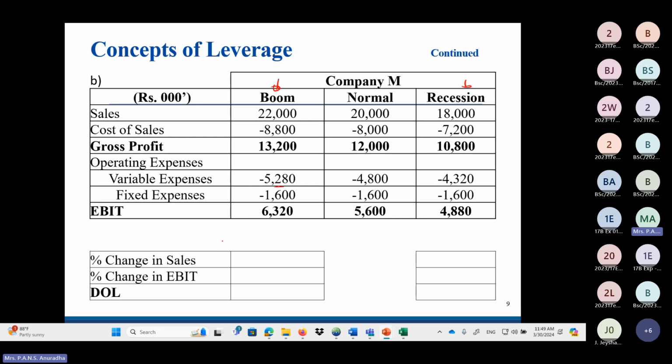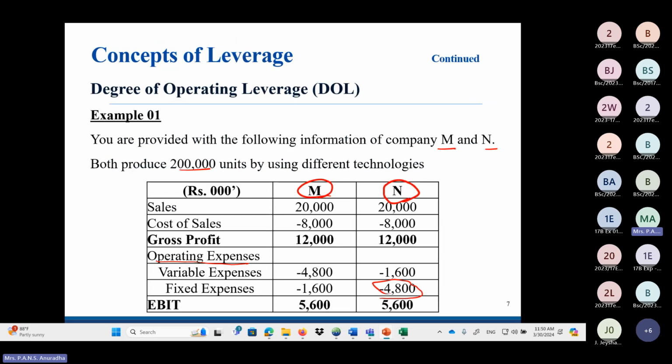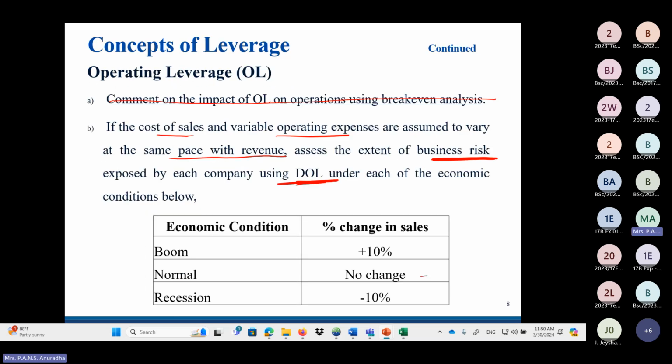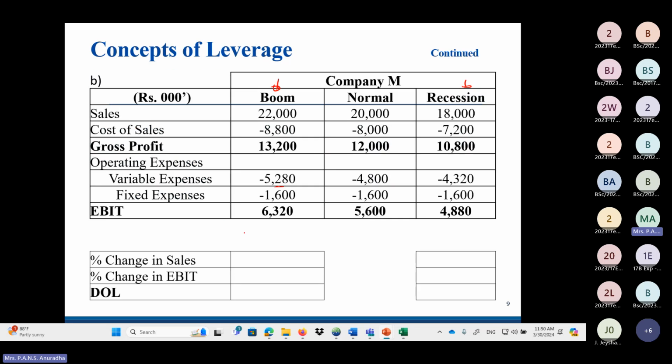This is the formula: percentage change in EBIT divided by percentage change in sales. For the boom, the percentage change in sales is plus 10%.